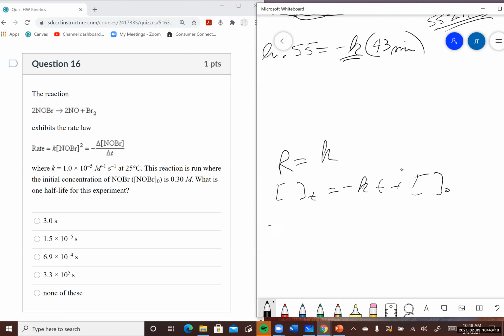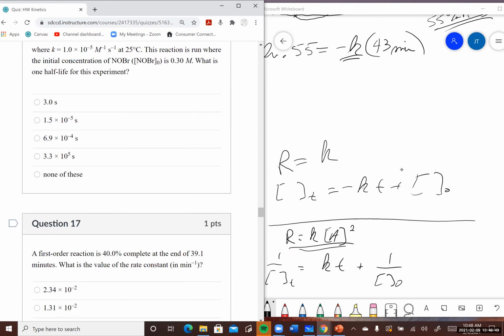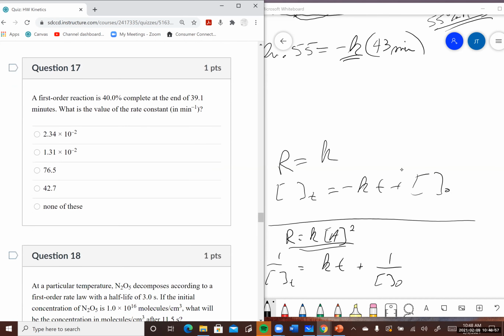So for this problem, you're going to use these equations, which correspond to the rate law for second order and the integrated rate law for second order. And so again, I think there's just more practice of the same kind of ideas.